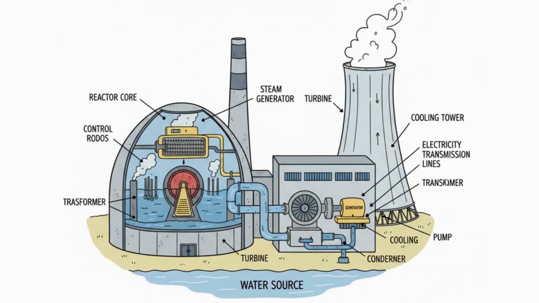The energy released from the fission heats up the water inside the reactor. Fourth, steam production. The hot water is used to produce steam in a separate loop or a heat exchanger. This steam pressure spins the turbines. The fifth step is electricity generation. The turbines are connected to a generator which converts the mechanical energy into electricity.